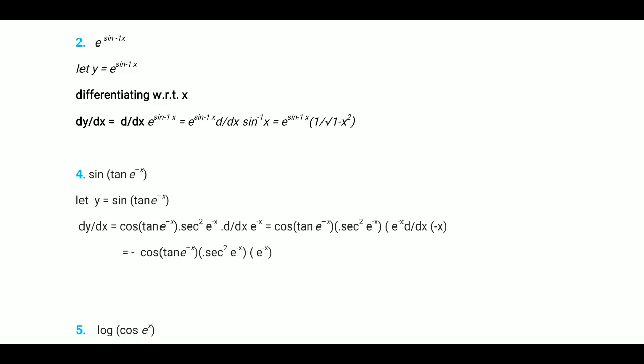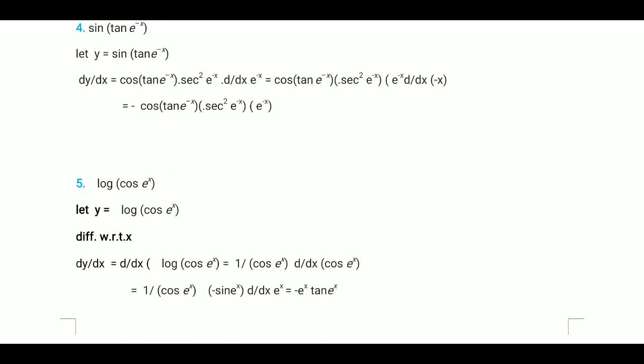Now differentiation of minus x, because differentiation of e power minus x is e power minus x, but it is the function of minus x, so differentiate minus x. So we got minus cos tan e power minus x sec square e power minus x into e power minus x.